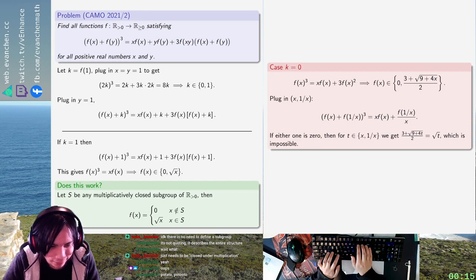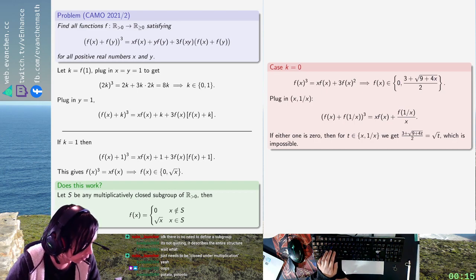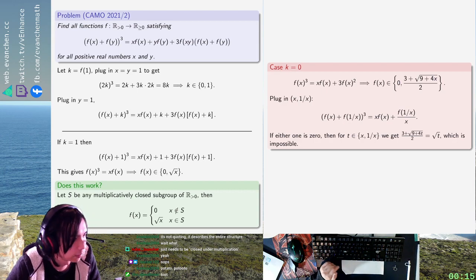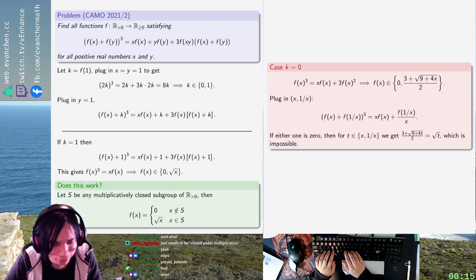Is there a better way to do this? Should I plug in x comma x first? Let's plug in x comma x first. I feel like this is overly terrible.